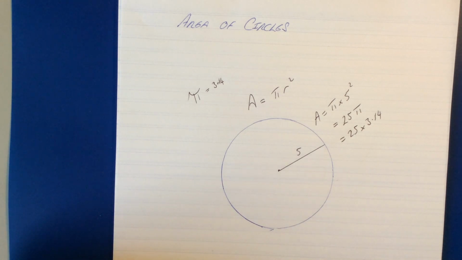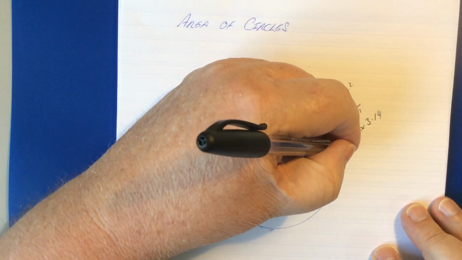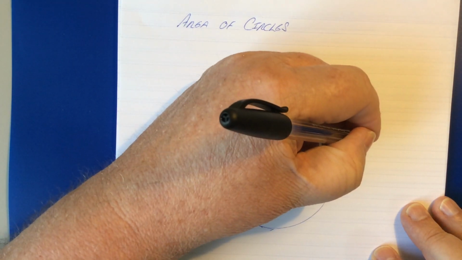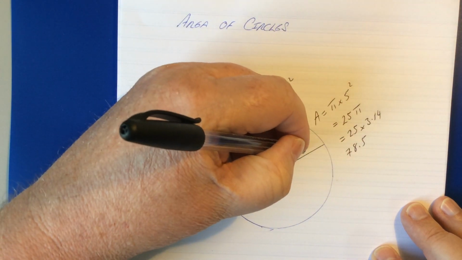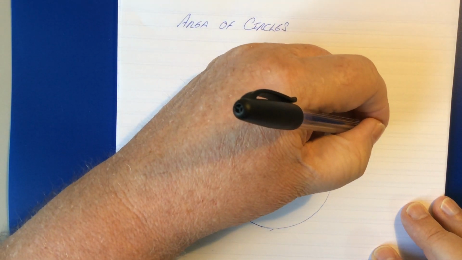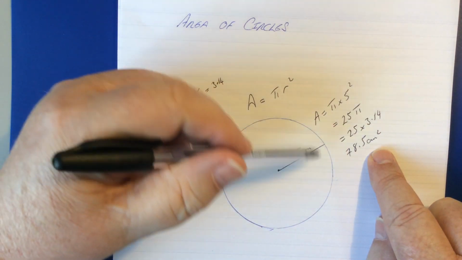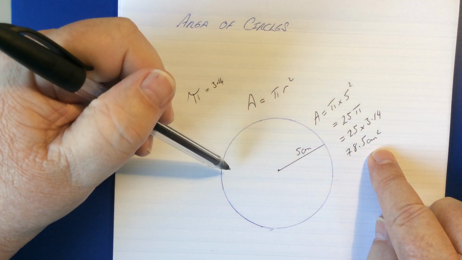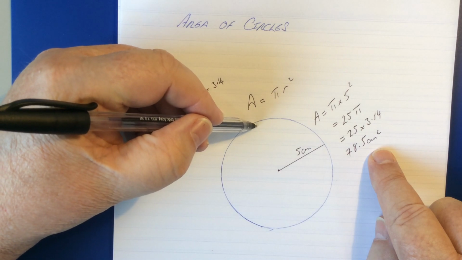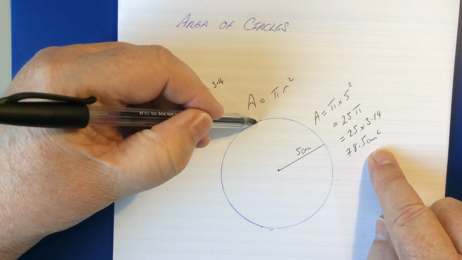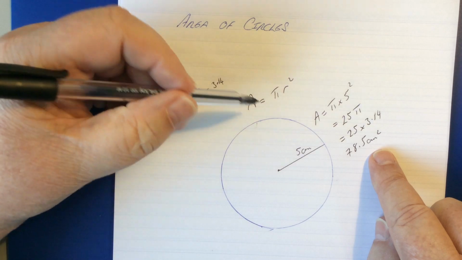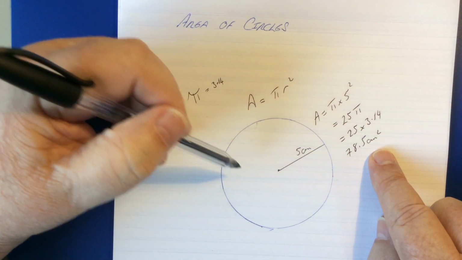It's roughly 78.5. We'll make this centimeters, so centimeters squared. We always measure area in square units, even though if you try to draw a square up here, good luck. But area is measured in square units.